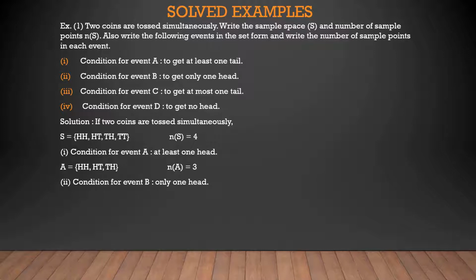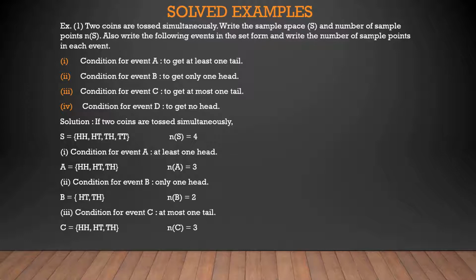Condition for event B: only one head should turn up. So your event will become B is equal to HT, TH. N of B is equal to 2. Condition for event C is at most one tail should turn up. C is equal to HH, HT, TH. So N of C is equal to 3.